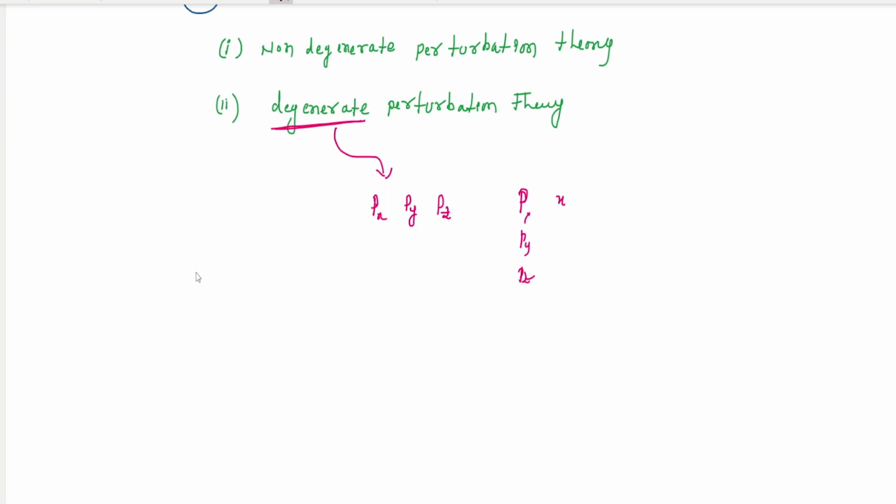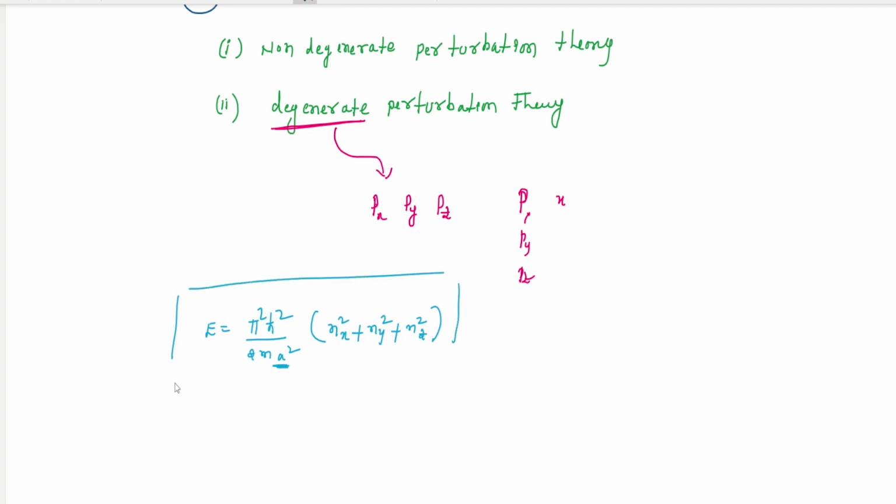In case you try to understand the Schrodinger equation for a three-dimensional potential box, E equals pi square h cross square divided by 2m a square, where a is the length of the box, right? Into n square x plus n square y plus n square z. So this is the cubic box, three-dimensional box, eigenvalues of the system.